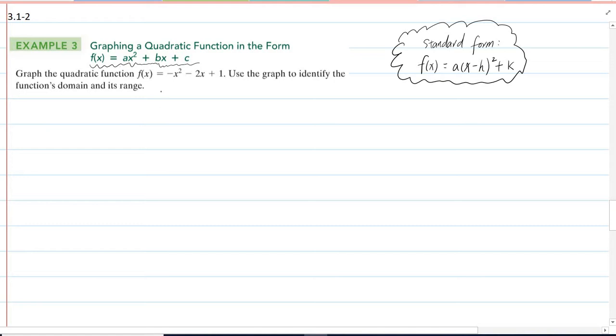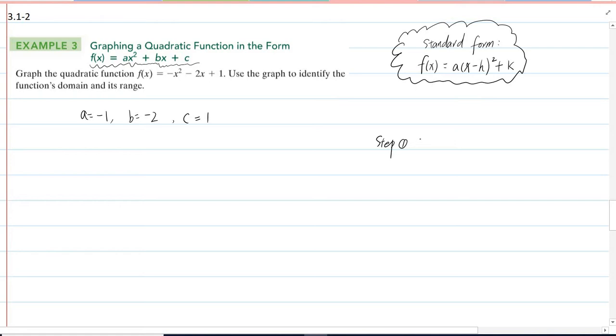We're just going to look at what our a is. If you look right here, we match: a is -1 in our case, b is -2, and c is +1. Once we have our a, b, c, what we're going to do is very similar to the previous lesson.